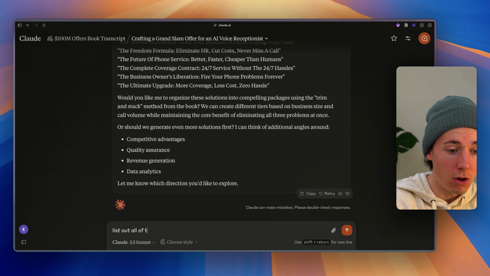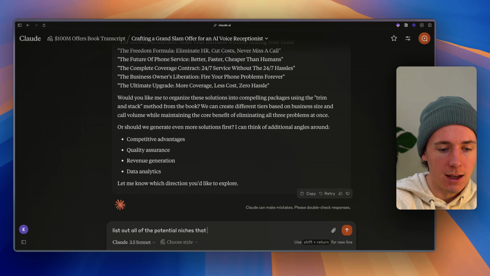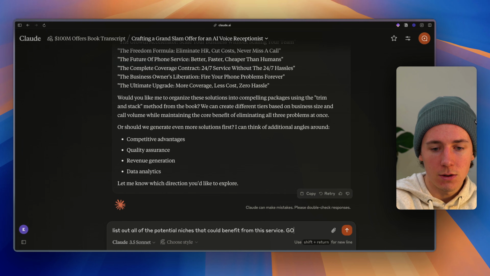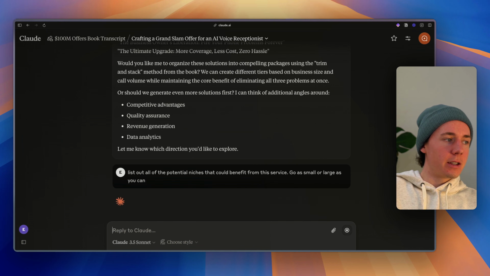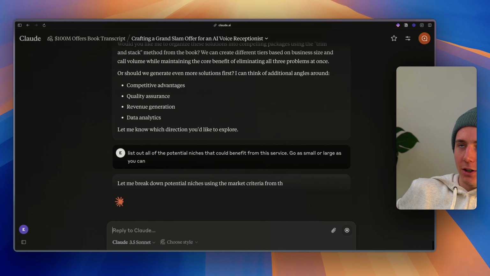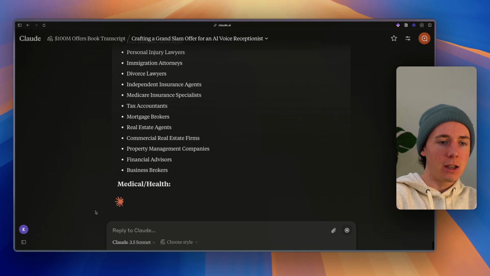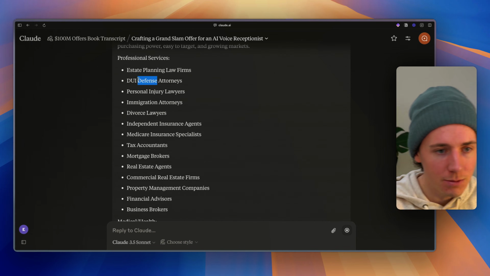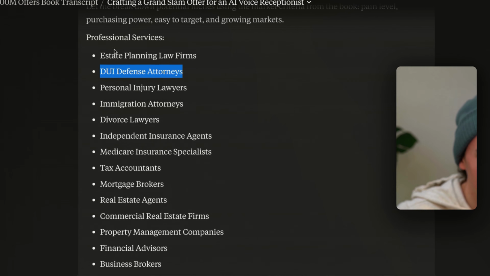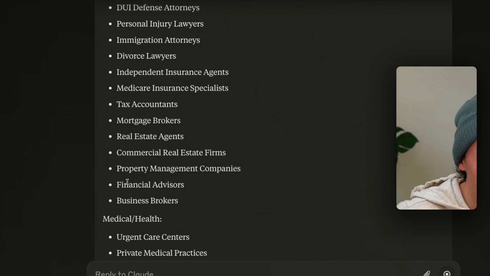List out all of the potential niches that could benefit from this service. Go as small or large as you can. All right, so this is really interesting because I started thinking about this and it feels to me like real estate agents could be an really interesting account. So estate planning law firms. So let's just say all sorts of lawyers, financial advisors could be an interesting one.